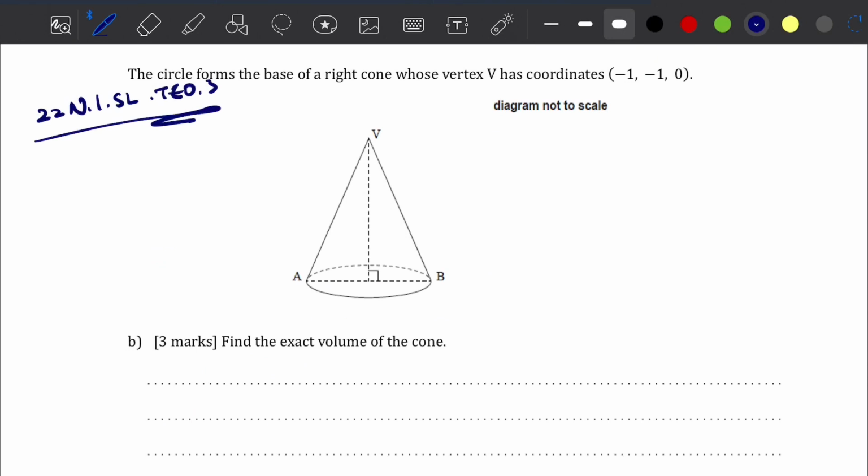Okay, then let's continue from question A. Now the circle forms the base of a right cone, whose vertex V has coordinates of (-1, -1, 0). So the vertex has the coordinates of (-1, -1, 0).